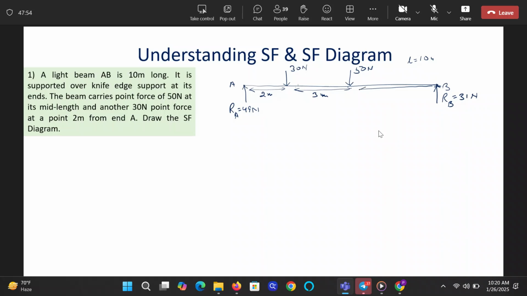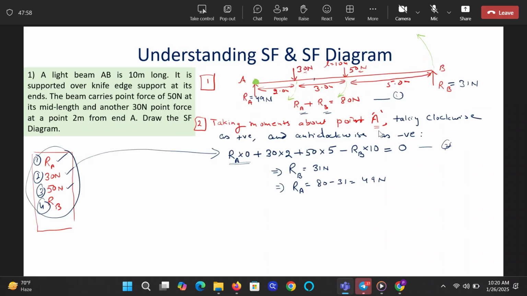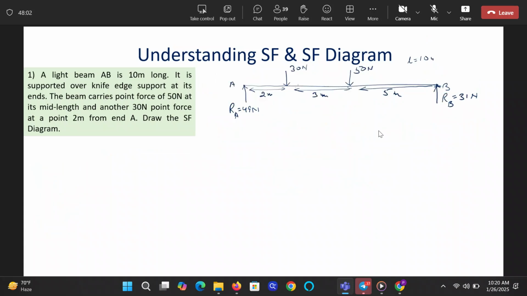Guys, I have reproduced the diagram that we just finished with on the previous page, with the reactions picked up as we calculated. All good up to this point?